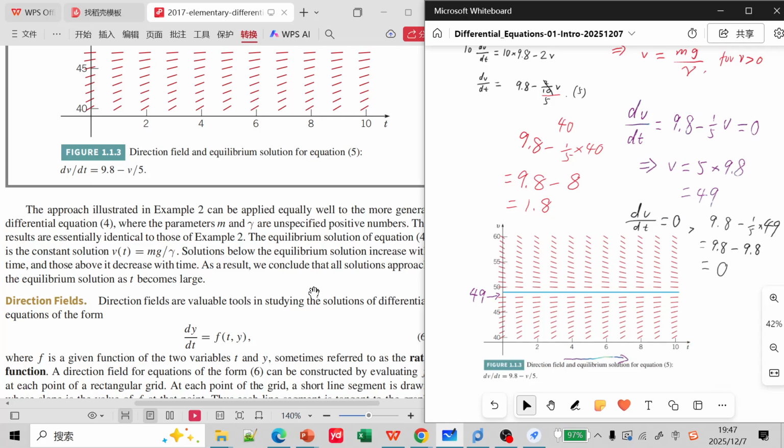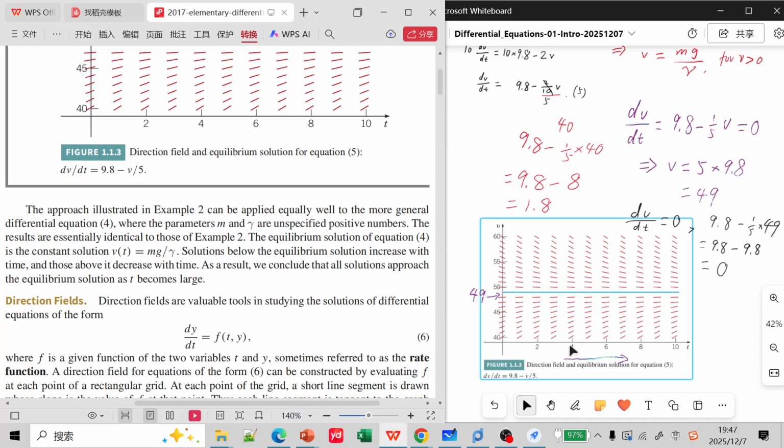You can see that as t becomes large, all segments look like they are converging to this equilibrium solution line.